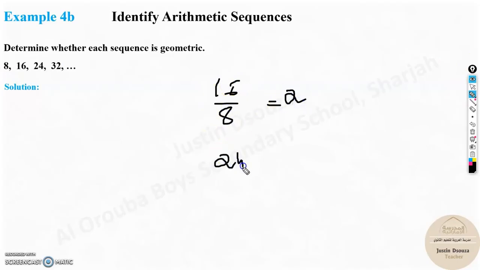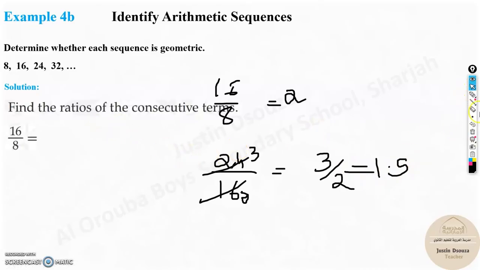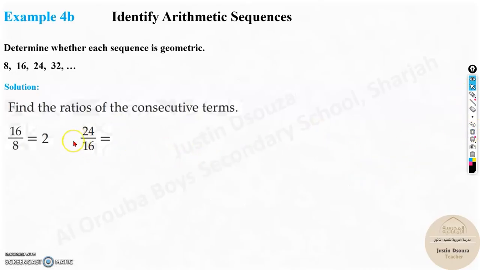But when we divide 24 by 16, no, it is not 2, because 16 times 2 is 32. It'll be 3 by 2 or 1.5, which is not the same answer. So we are not getting the exact ratio. See, it's 2 and it's 1.5, and over here we are getting 1.333 with consecutive threes.